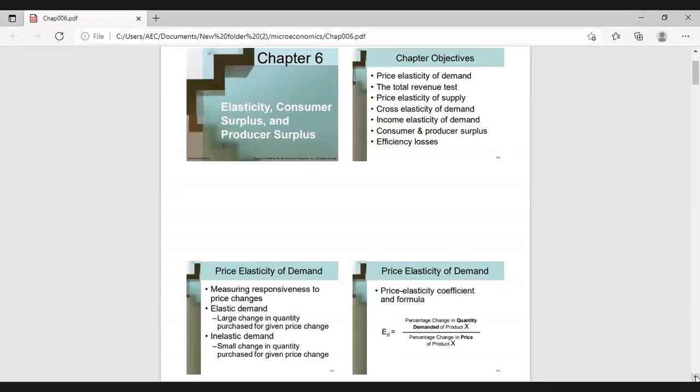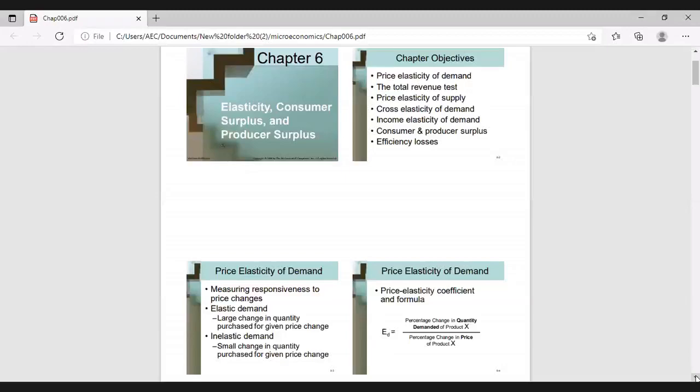You can measure quantity in pounds or kilograms or grams. You can measure price in rupees and cents, or dollars, or pennies, or whatever the unit, but the answer is the same.